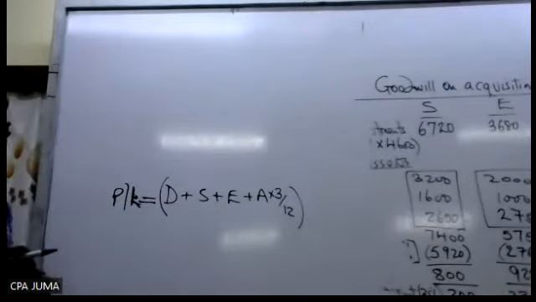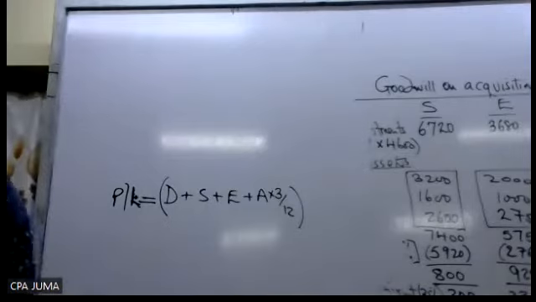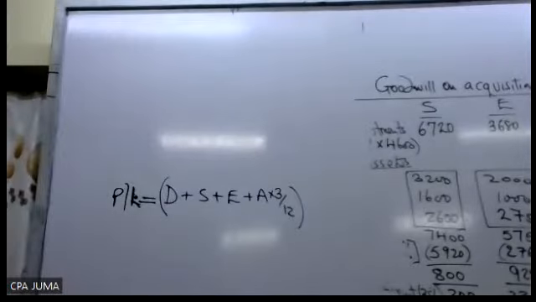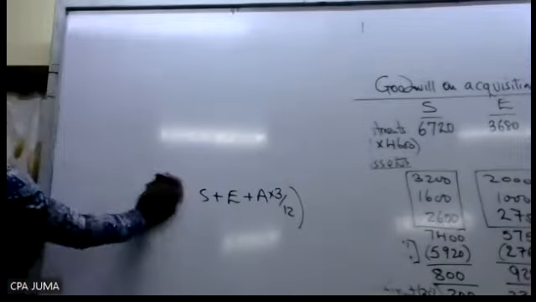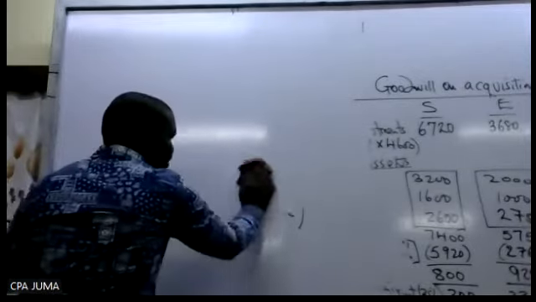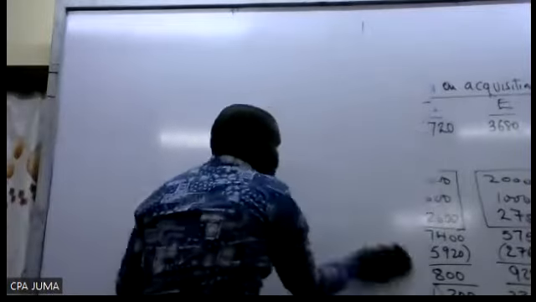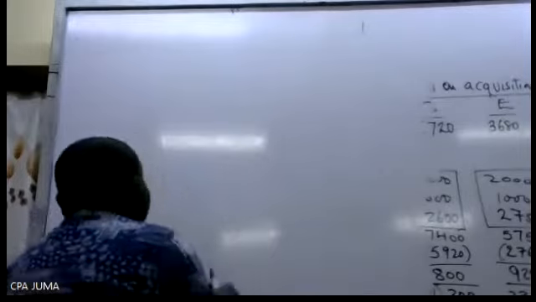So P&L, that is how we are going to consolidate B plus S plus E, but A for 3 months. Let's kick off. Right, B group. Then we keep quiet for like 20 minutes. These things are serious. Keep quiet so that we move.